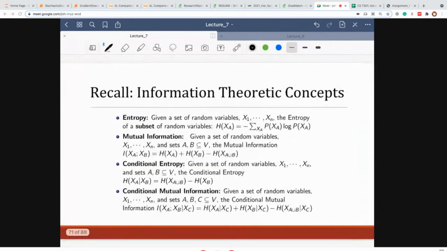All right. We'll come back now to the information theoretic concepts. Again, the entropy of a set of random variables, this we know is submodular. This is the standard information.